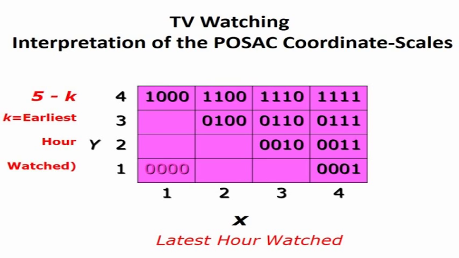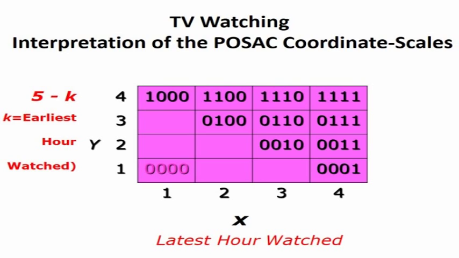Score of x equal 1 goes to those whose latest hour is the first hour, 7 o'clock. Score of 2 goes to those whose latest hour of watching was the second hour, 8 in our example, and so with the third and the fourth.